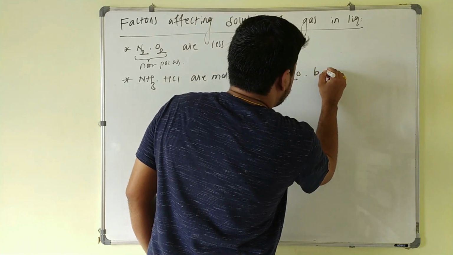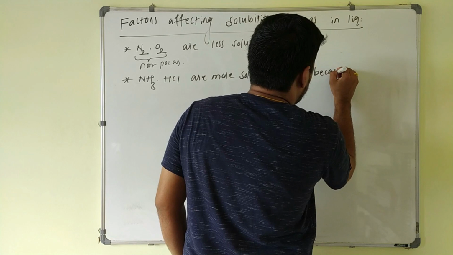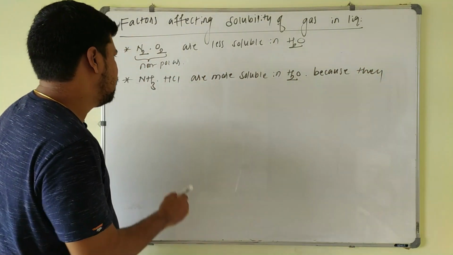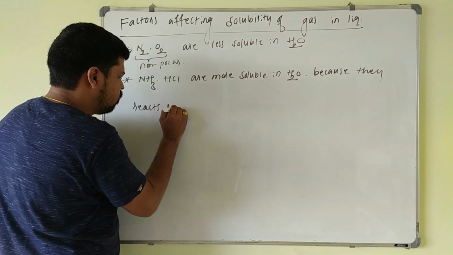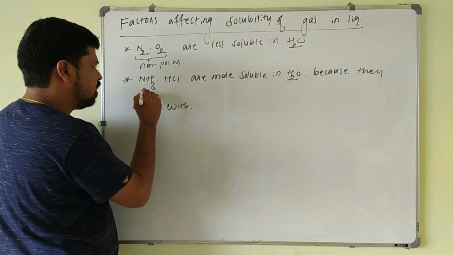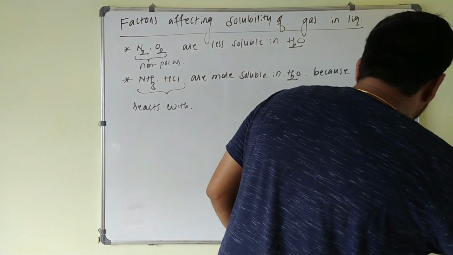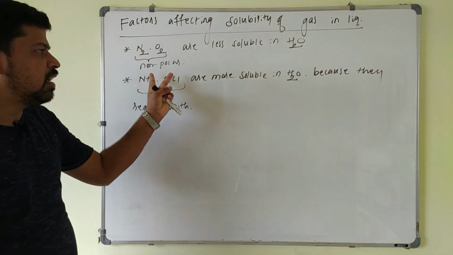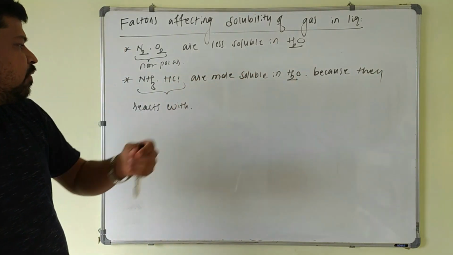See here, these two, ammonia and HCl, are easily liquefiable gases. Always keep in mind, easily liquefiable gases like ammonia and HCl, being polar in nature, are soluble in water. Polar is soluble in polar, and they will react with water also.